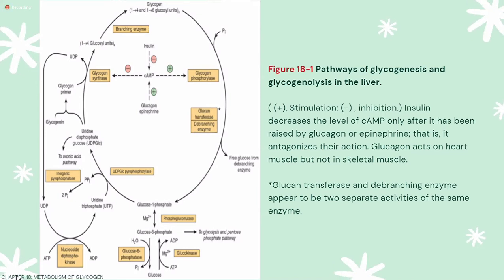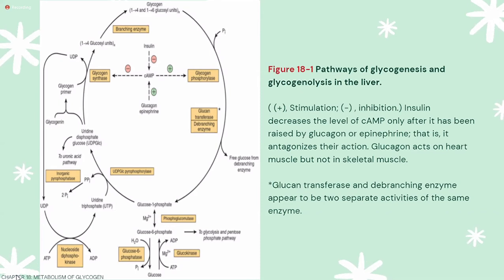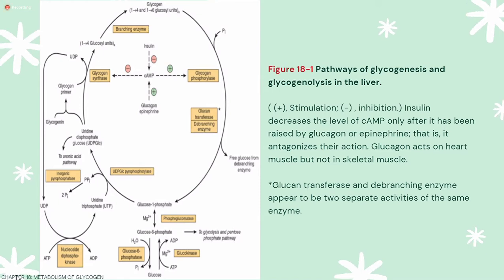Okay? And then glucagon induces the formation of cyclic AMP through the activation of an enzyme known as adenyl cyclase.